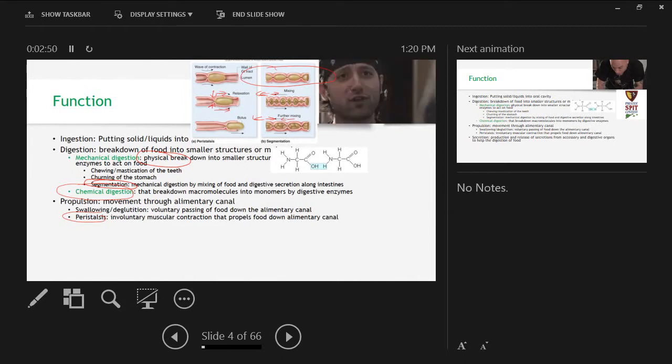Not only do you push it down like the circular layer does, you also push it forwards to get the toothpaste out onto your toothbrush, and that's the longitudinal layer pushing it forwards. So that's peristalsis. All right, so let's go on further here.